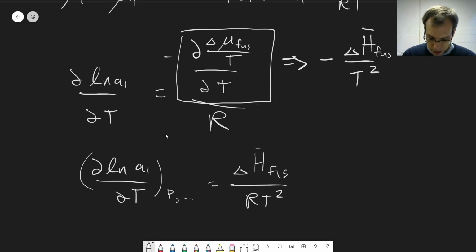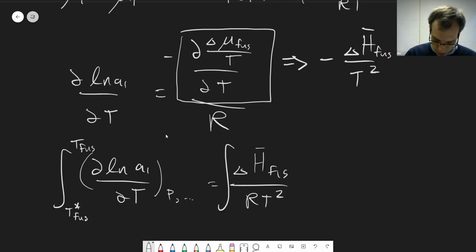And so we can then integrate this over temperature. We go from T fusion star up to T fusion. So we integrate from the pure substance freezing point, where the activity is equal to 1, up to whatever our solution is.